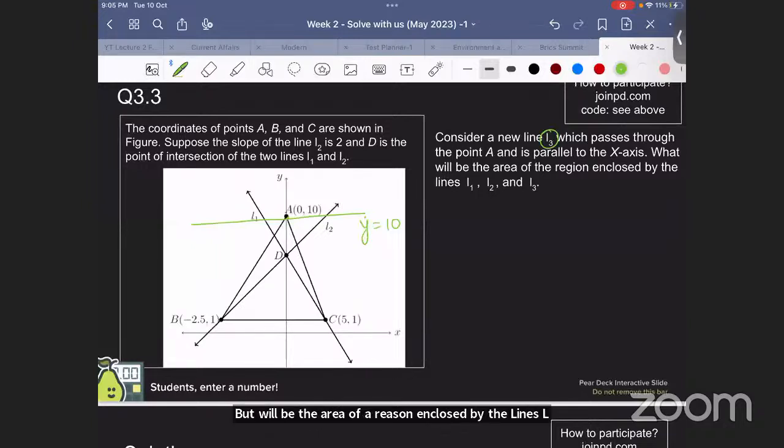Now you have to get this data point and this data point. Without calculating anything, what should be the value of the y coordinate for this point on L2? No, the y coordinate, of this data point.